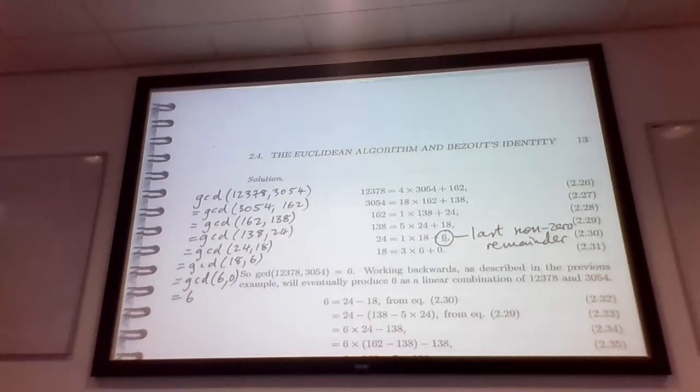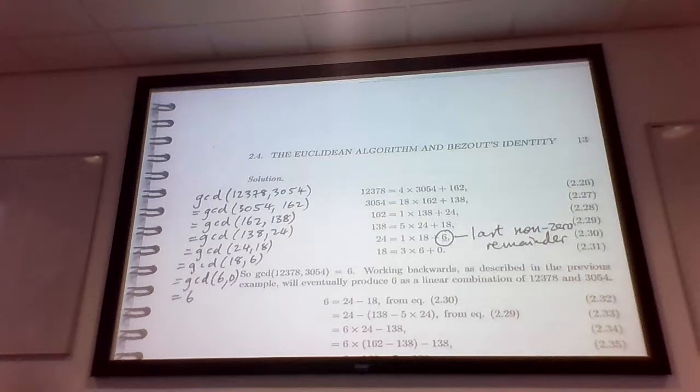So that is the Euclidean algorithm for finding the greatest common divisor of a pair of numbers. Okay? Any questions about it just at this stage for finding the GCD? Now there are exercises there.